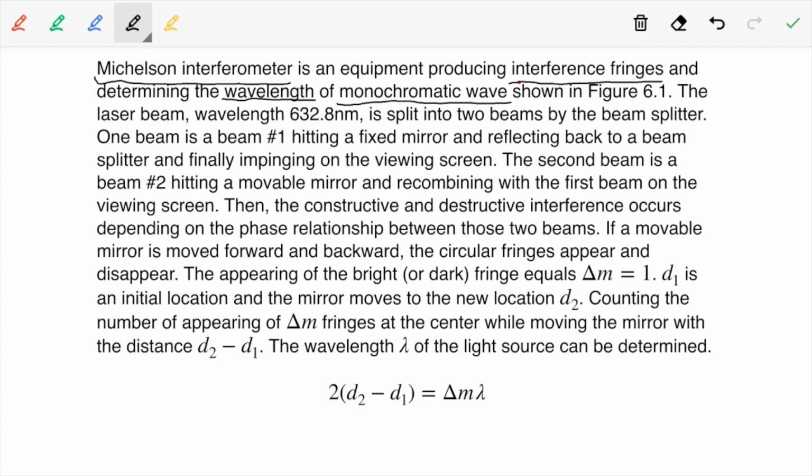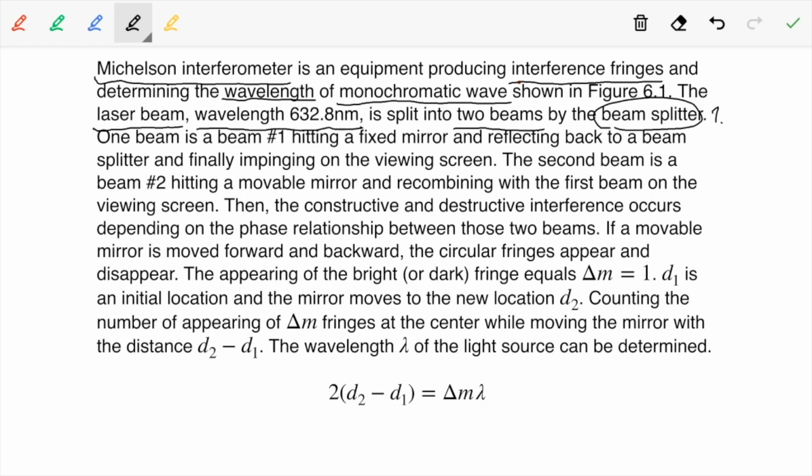Then the laser beam is split into two beams by the beam splitter. This is the first part of the interferometer: the beam splitter.